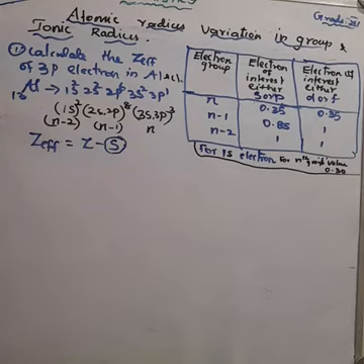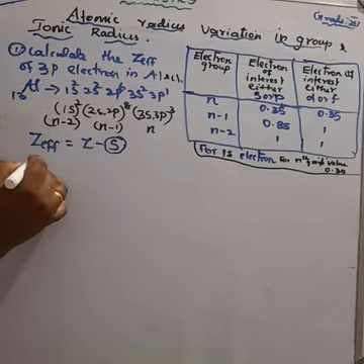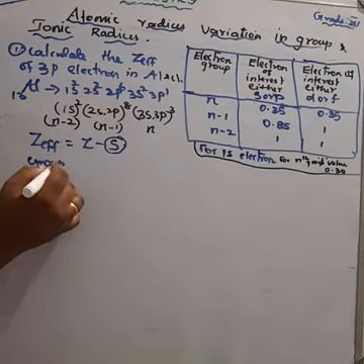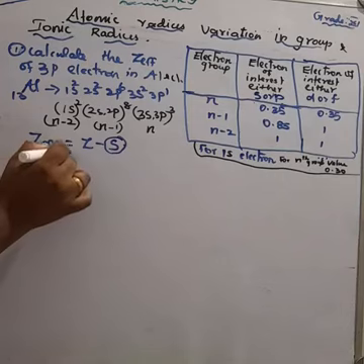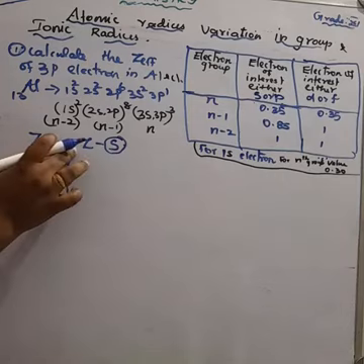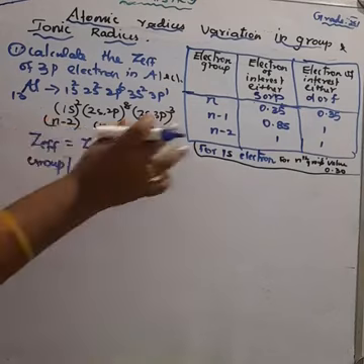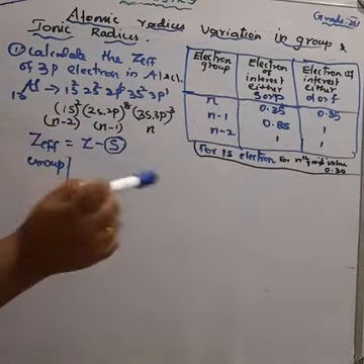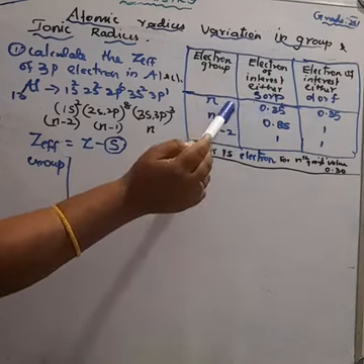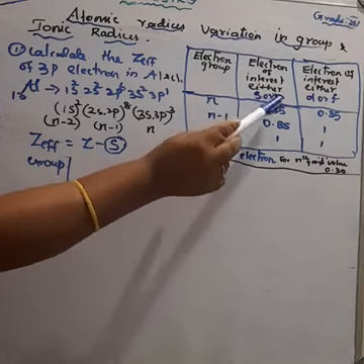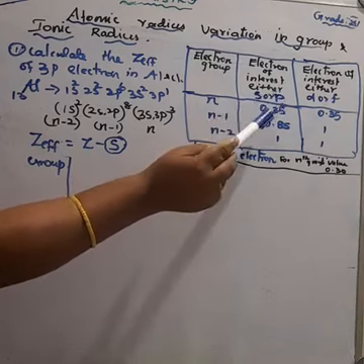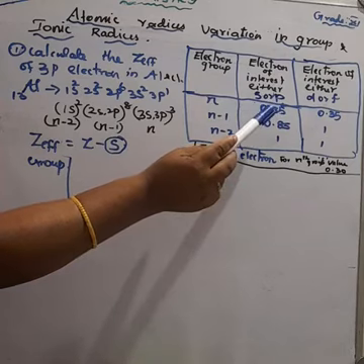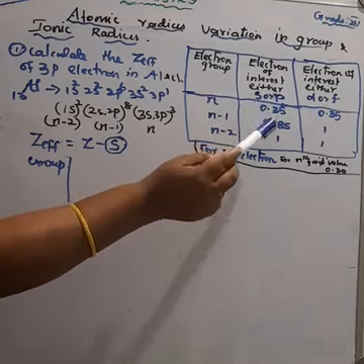For that, certain constant values are given for S. If you are calculating for S and P electrons, what is the value for the nth group? 0.35 for all electrons in the nth group.